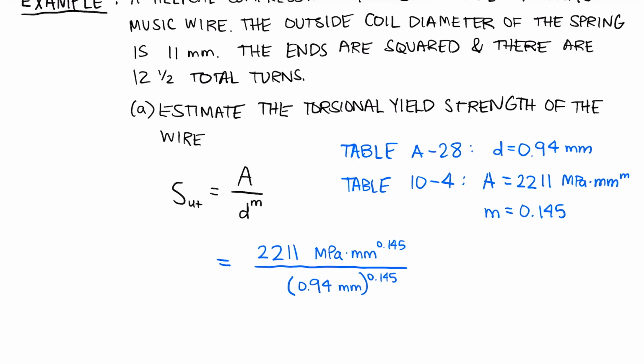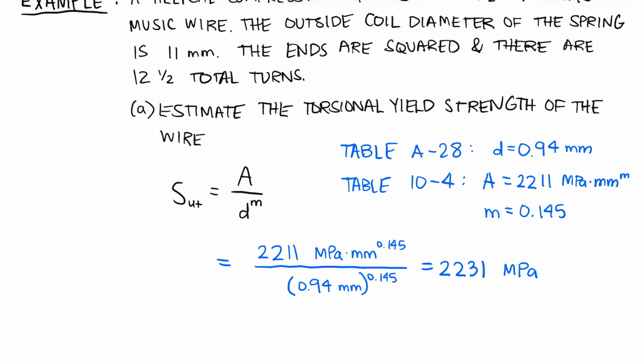So you can see that the millimeters to the 0.145 power are on both the top and the bottom, and so those units are going to cancel, and we're going to be left with megapascals, which is perfect because that is the units of strength. So if I do this calculation, 2,211 divided by 0.94 to the 0.145 power, I get 2,231 megapascals. That's our ultimate tensile strength.